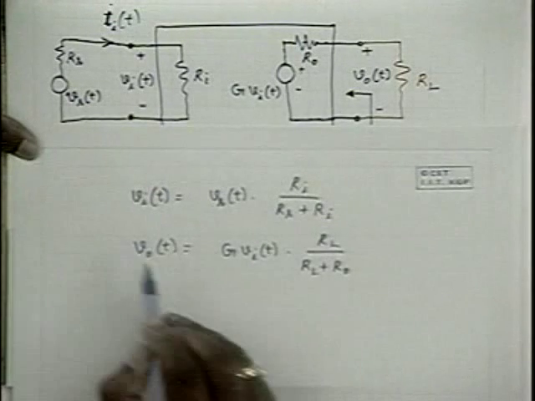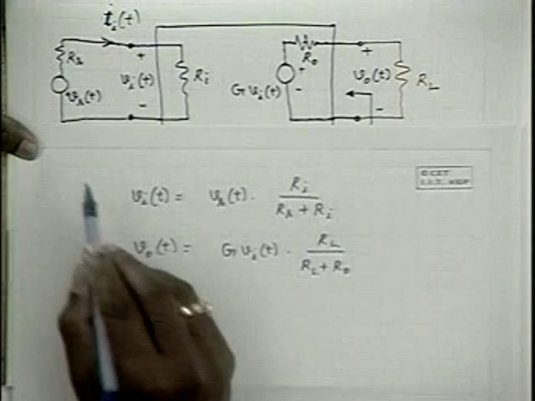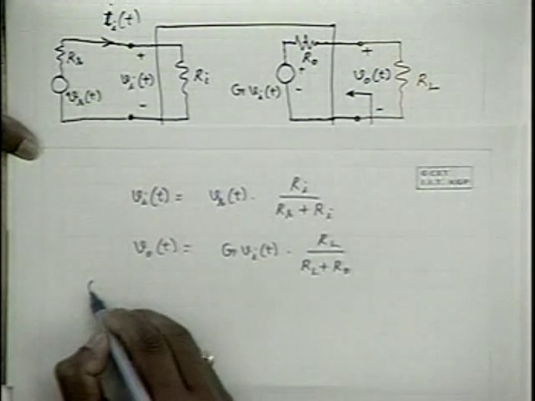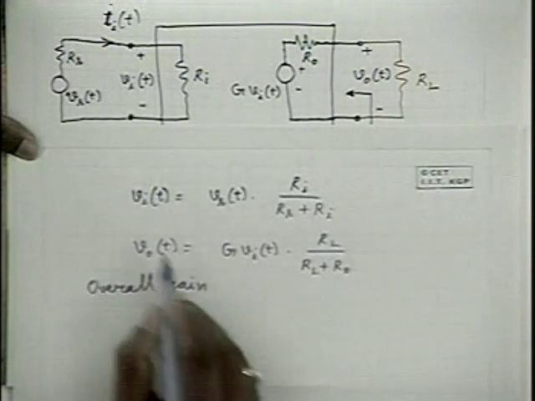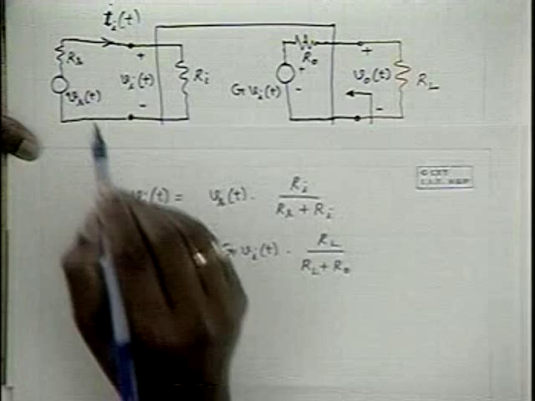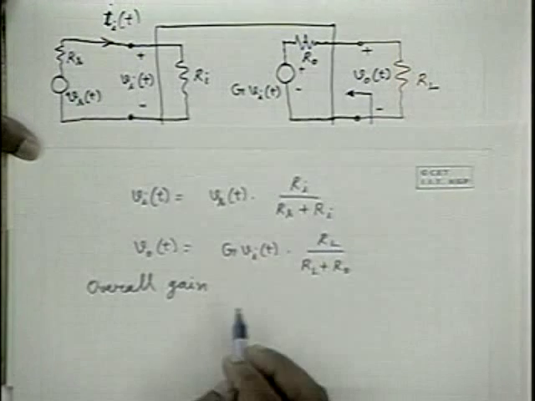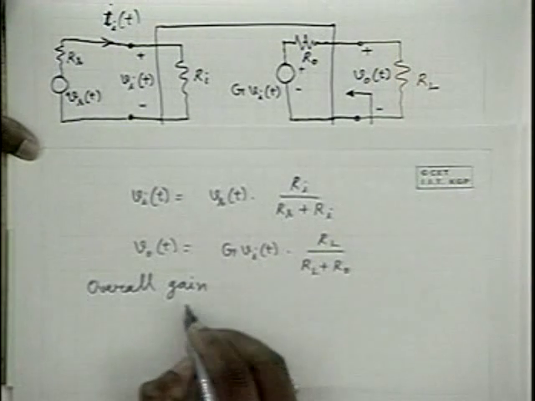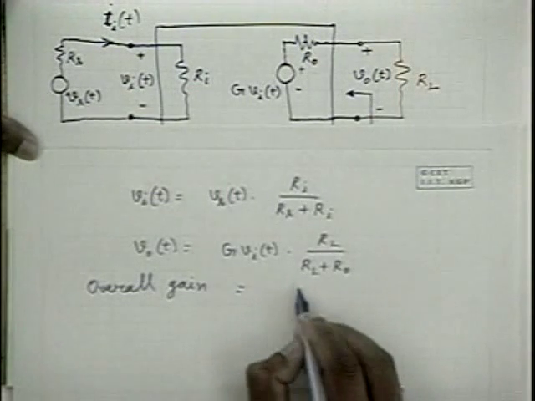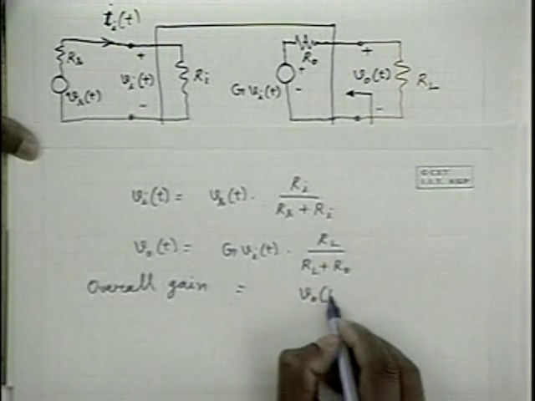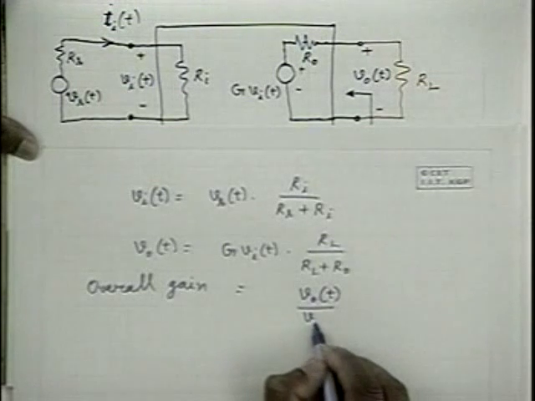Now, if we are interested in the overall gain of the amplifier in terms of the open circuit input voltage source, or the ideal voltage source voltage, the overall gain of the amplifier is given by VOT divided by VST.